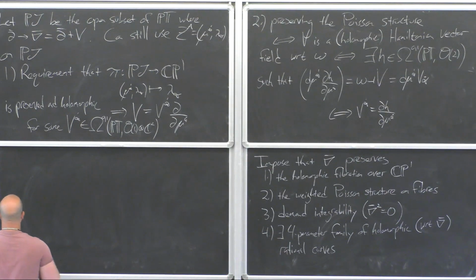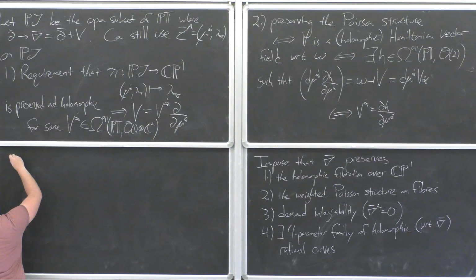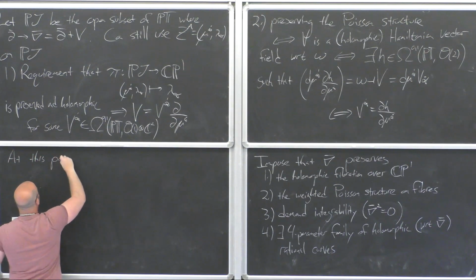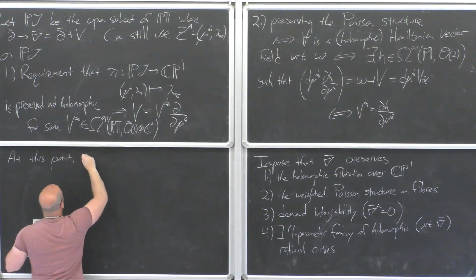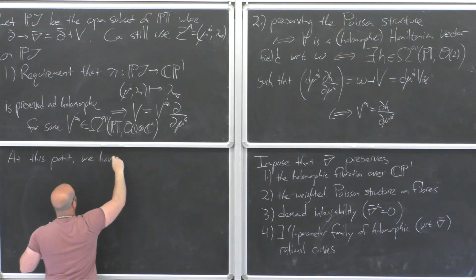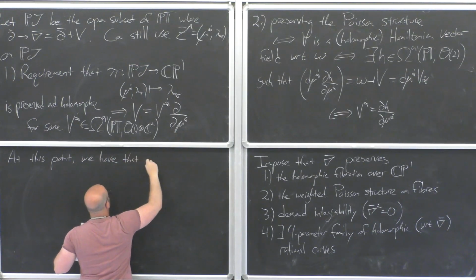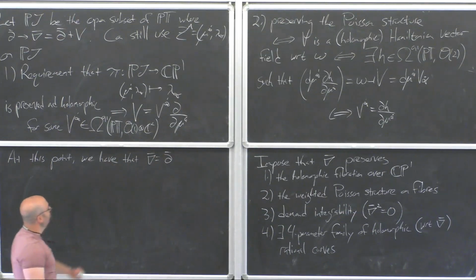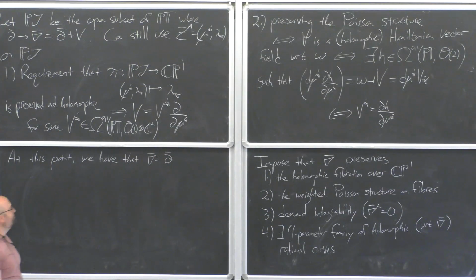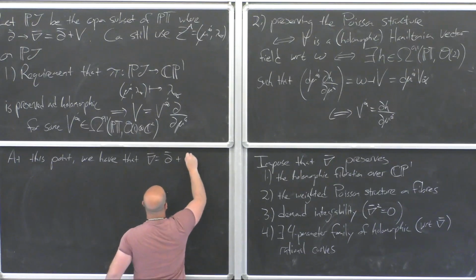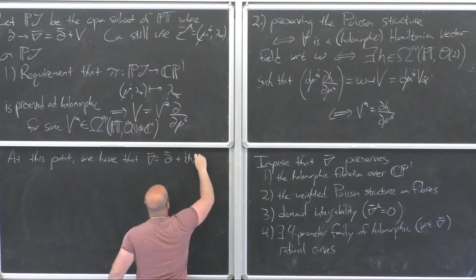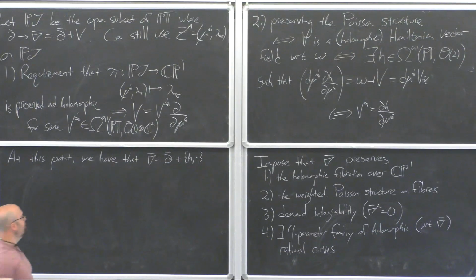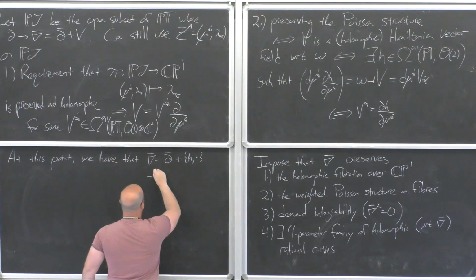Okay, so at this point, we have that our complex deformation has to take the form of the trivial complex structure that we inherited from CP3, plus a deformation that's just given by the Poisson bracket of this Hamiltonian differential form.